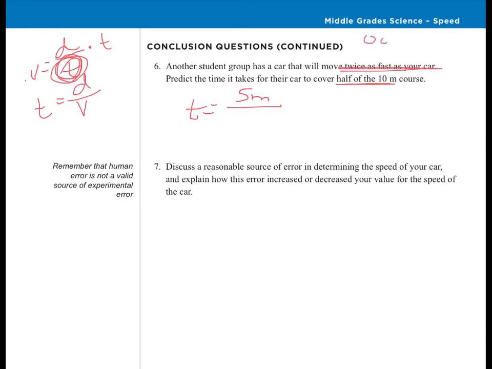If it was 0.49 meters per second to begin with, then that times 2 is about 1 meter per second. So our time would be 5 seconds. So that's all we're doing with that one. Plugging into V equals D over T, rearranging it, and putting in our numbers.